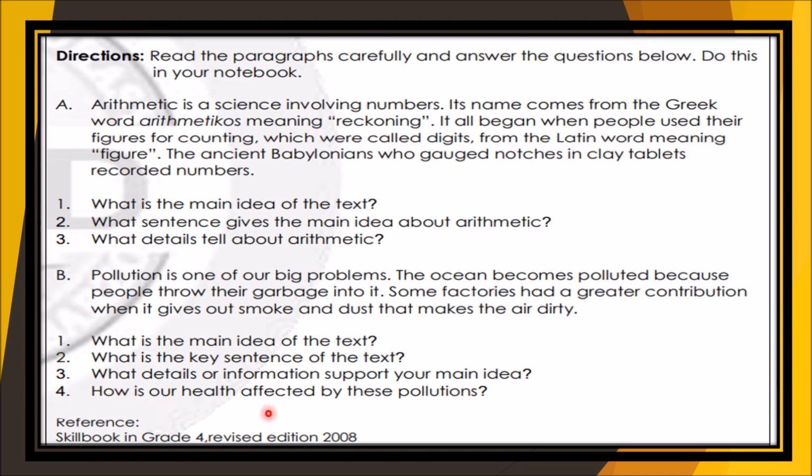How is our health affected by this pollution? How? Because our health is affected through the smoke and the dust that makes the air dirty. And our health will become what? That's the problem.